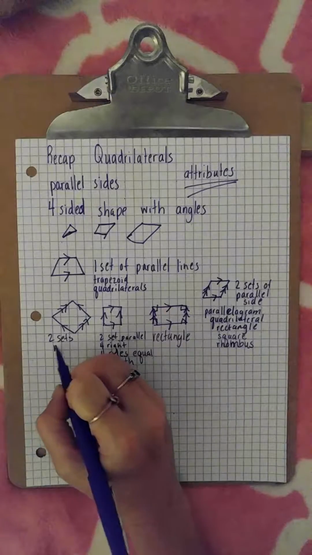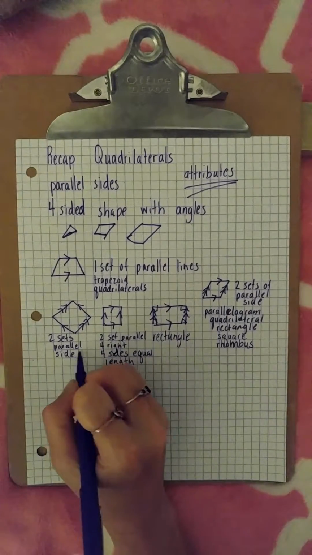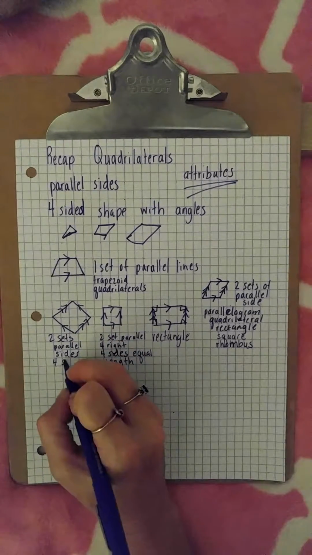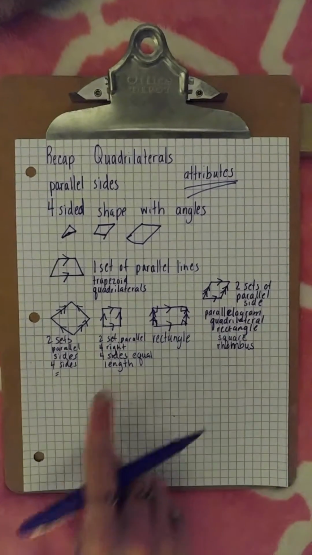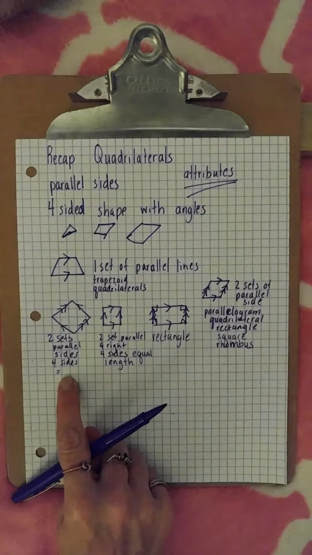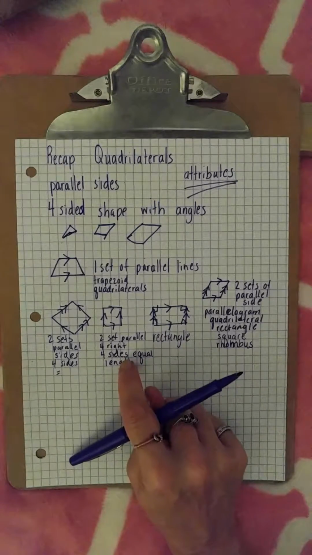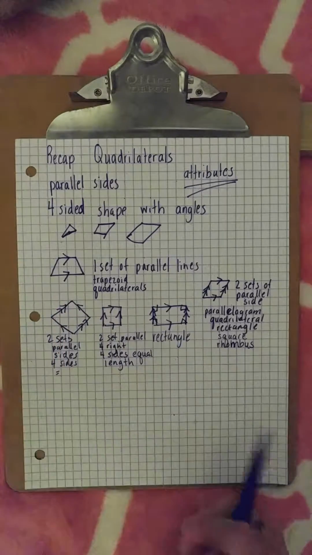It has two sets of parallel sides, and it has four sides equal in length. So a square is a rhombus, but a rhombus can't be a square because an attribute of a square is those four right angles, and rhombuses do not have that.